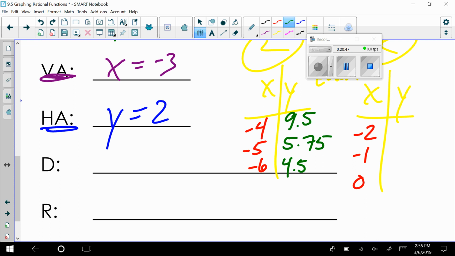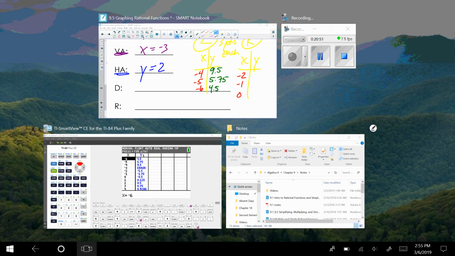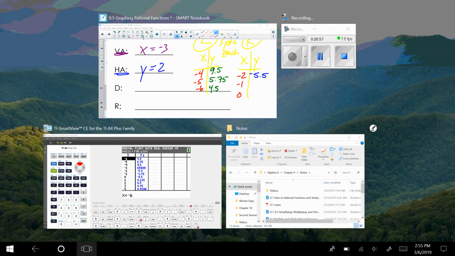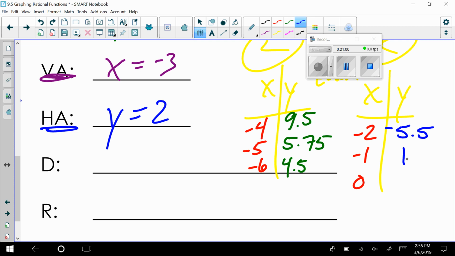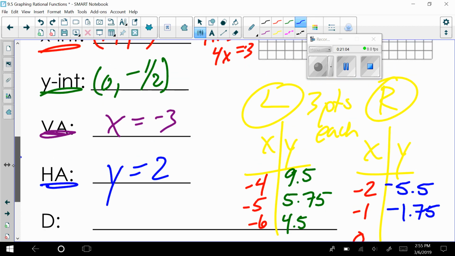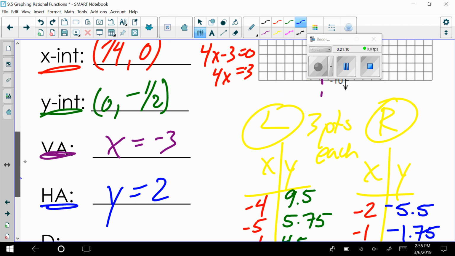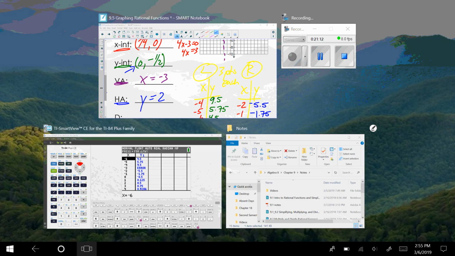And then on the other side, at my -2, I had -5.5, -1.75, and 0. I shouldn't even need the calculator for that. It should be -1/2, because we found that right here, which of course is backed up by that.